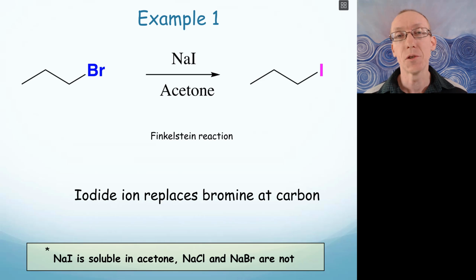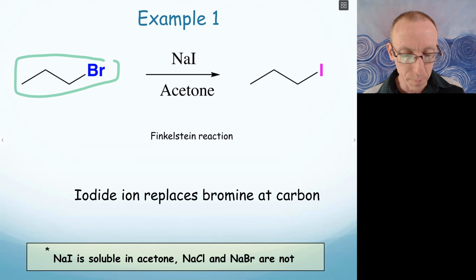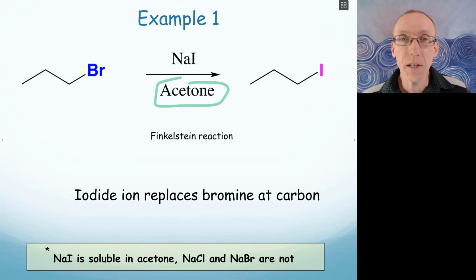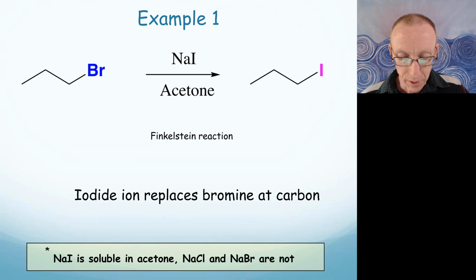So an example of a nucleophilic substitution would be reacting 1-bromopropane with sodium iodide in acetone, which is actually a really common reaction in organic labs called the Finkelstein reaction. So the iodide comes in as I- and will displace the bromide to create the alkyl iodide.